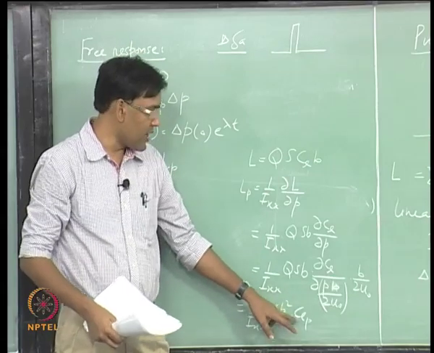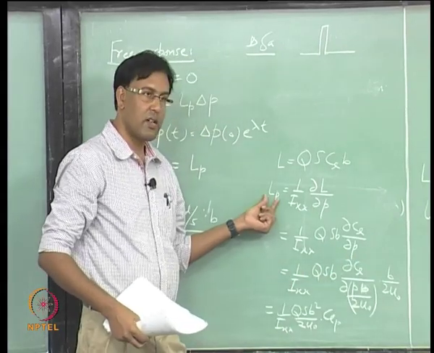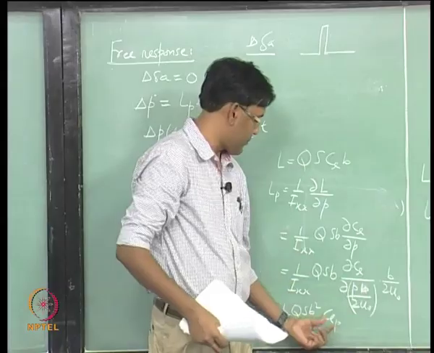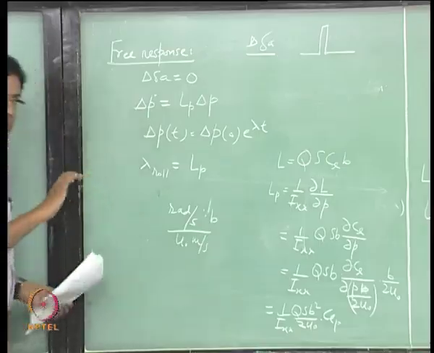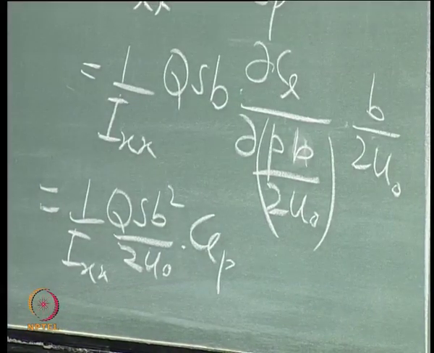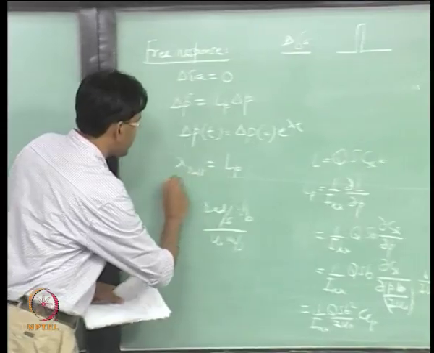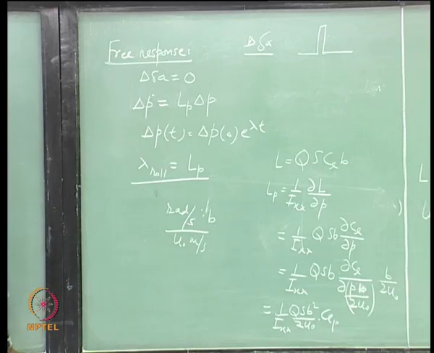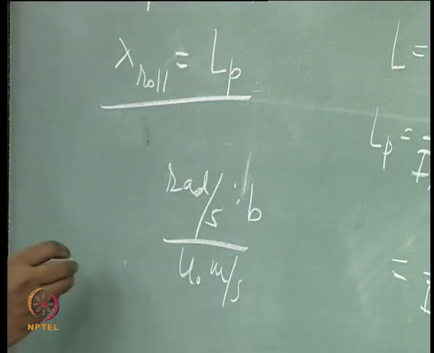If there is no unit attached to it, then when you are trying to find out LP, you have to multiply the CLP by this factor, it makes a huge difference. Right. So, this is my roll mode eigenvalue. LP is usually negative. So, the roll mode is stable. Now, lambda has to lie in the left half complex plane for the motion to be stable, right, and LP is negative.